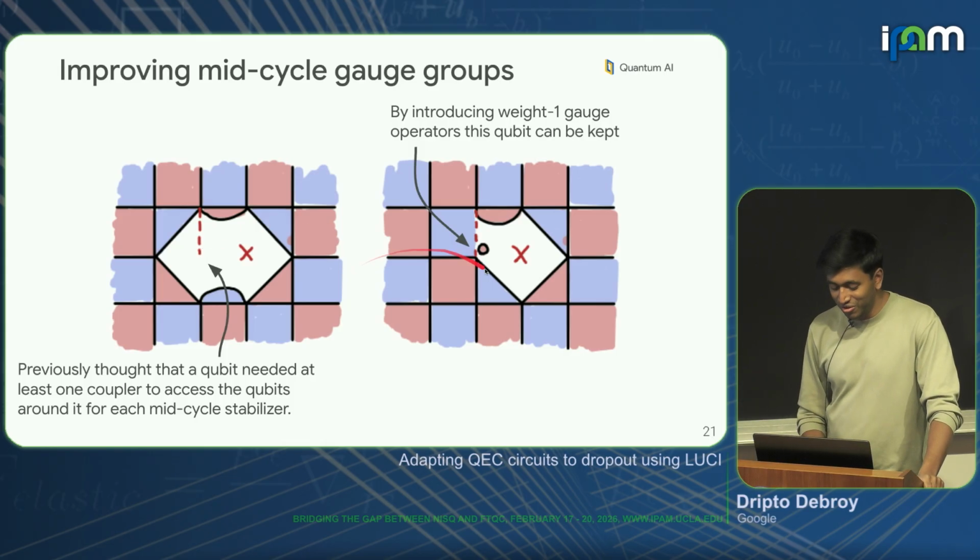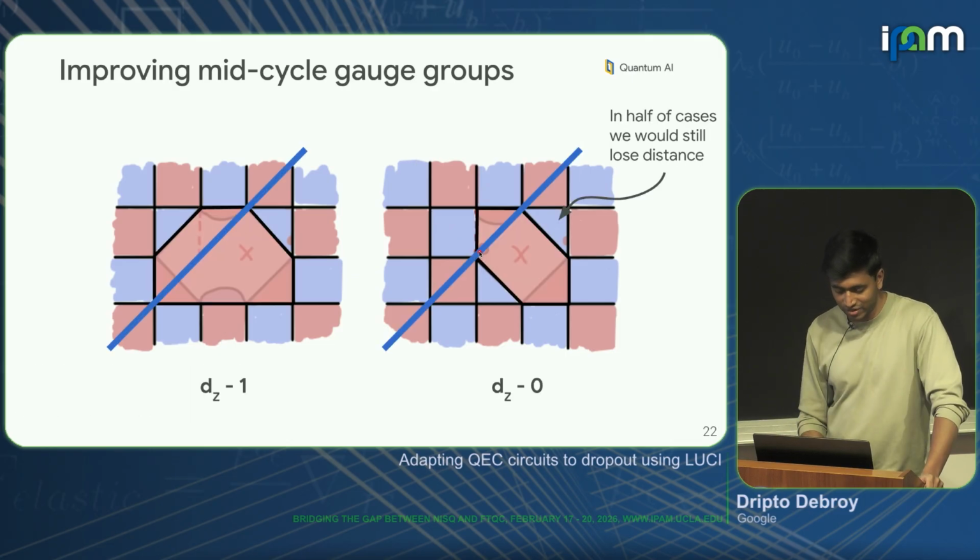It turns out that you can introduce a weight 1 gauge operator, which I thought would be kind of useless because this qubit isn't actually in the code. These are now demoted to gauge operators, which means the stabilizer they form doesn't have that qubit in it. But it turns out that still has a significant improvement. It makes your X-type superstabilizer go from this large weight 8 object to a weight 6.